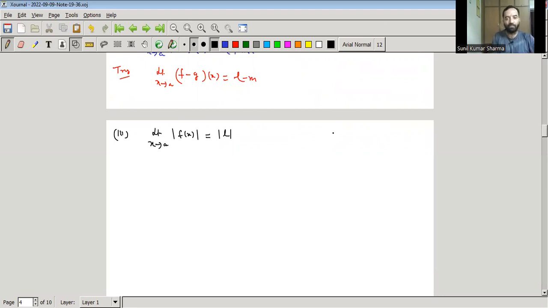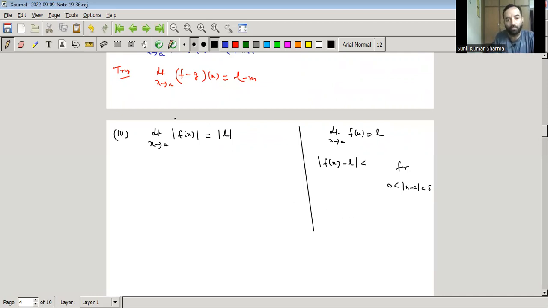We have to estimate this first, and it is given that limit as x goes to a of f(x) equals L. So for any epsilon greater than 0, there exists delta greater than 0, where delta depends upon epsilon, so that mod f(x) minus L is less than something, and we have to choose this for 0 less than mod x minus a less than delta.